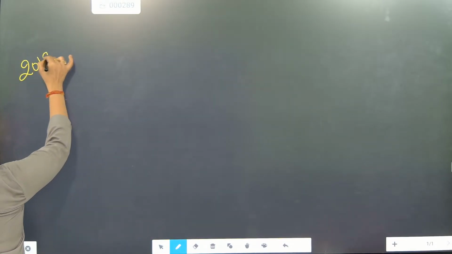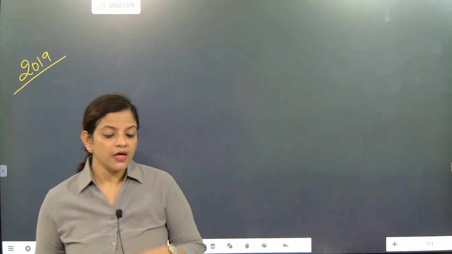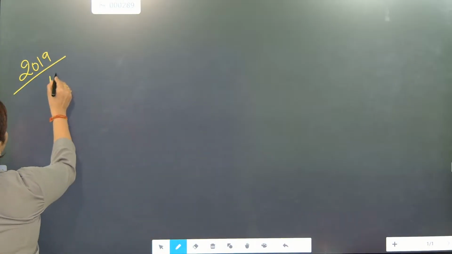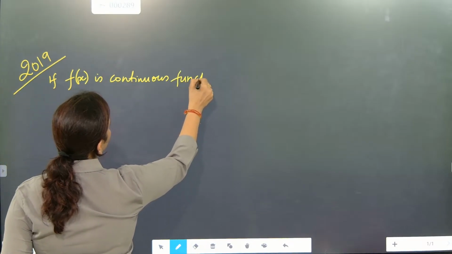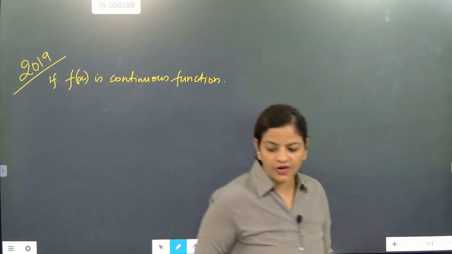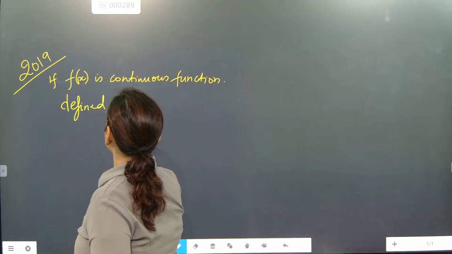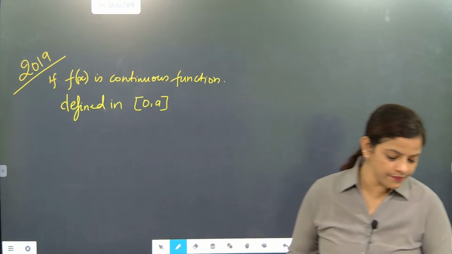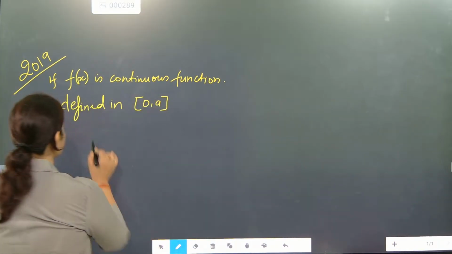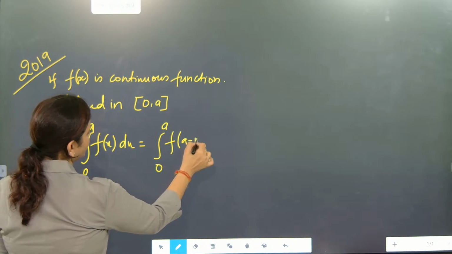If f of x is a continuous function defined in the closed interval 0 to a, then you need to prove that the integral from 0 to a of f of x dx is equal to the integral from 0 to a of f of a minus x dx.